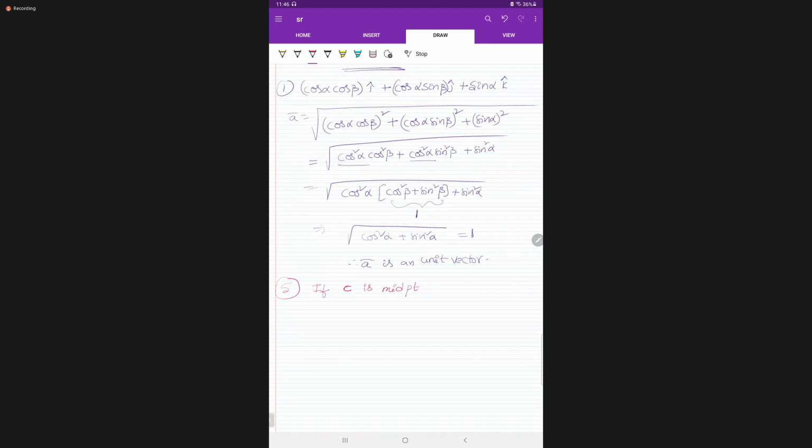P is any point outside of AB. Then C is the midpoint of AB. Tell me the answer, Likit. How can you write? Ma'am, PC bar is equal to PA bar plus PB bar by 2. Okay.